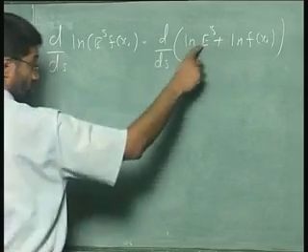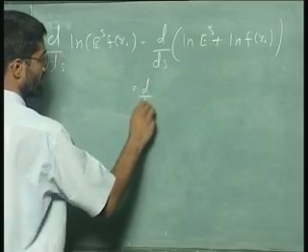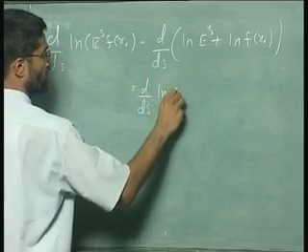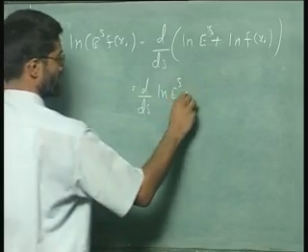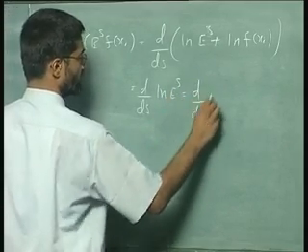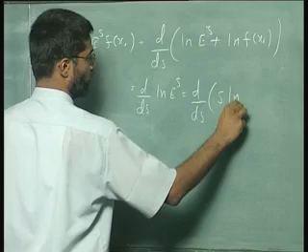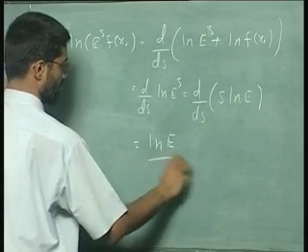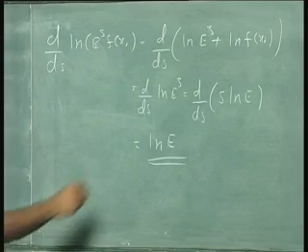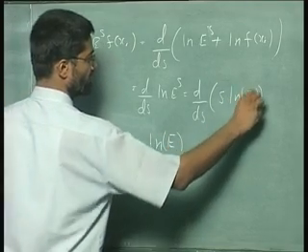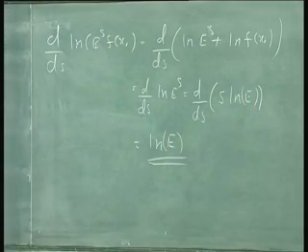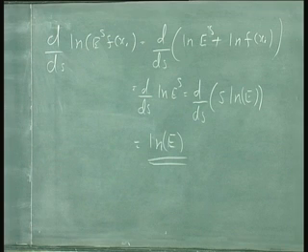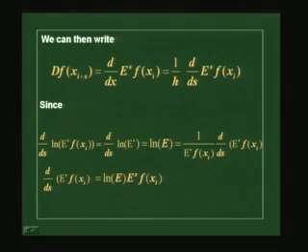But this is a constant, so this is the same as d by ds of log E to the power s, which is nothing but d by ds of s log E. So that is equal to log E. So d by ds of E to the power s f of x_i is just log E.